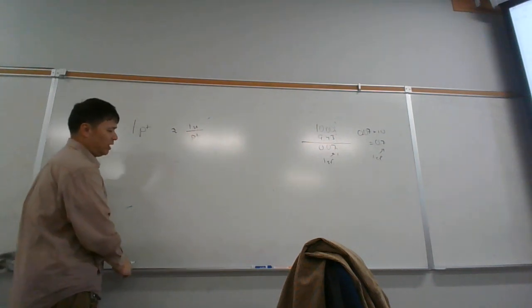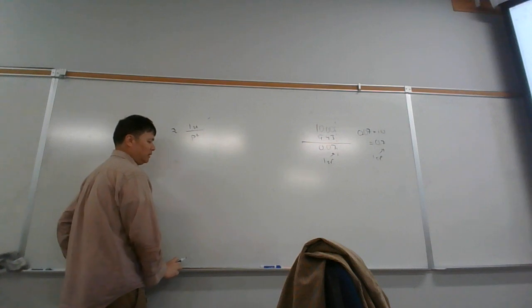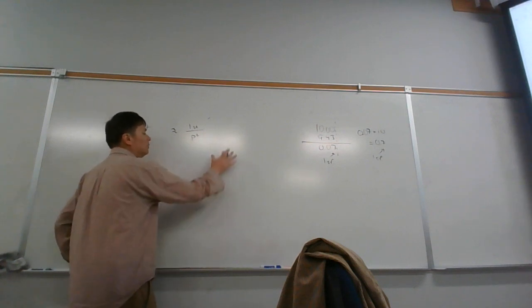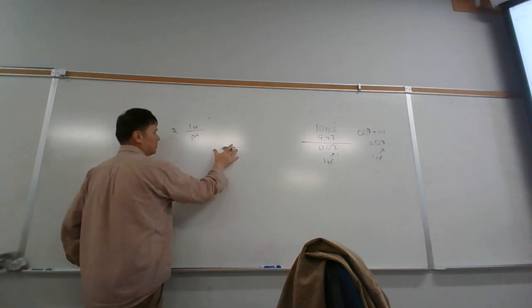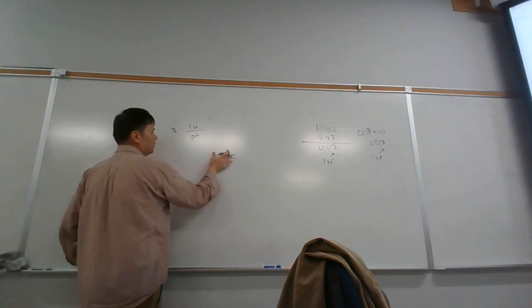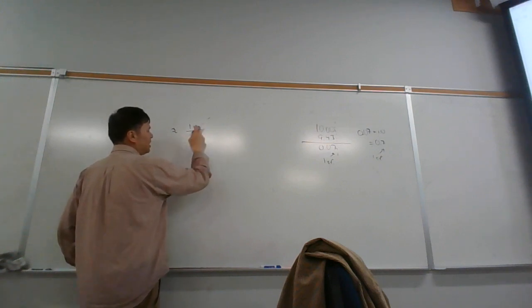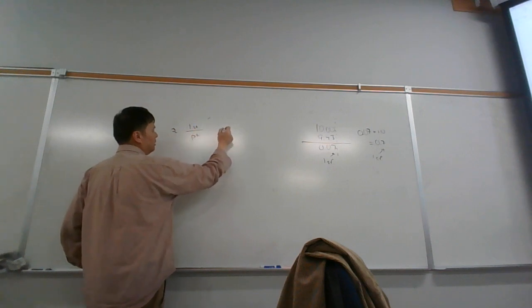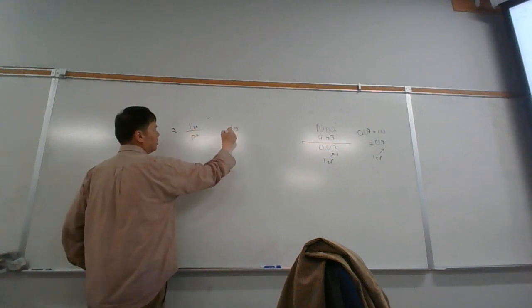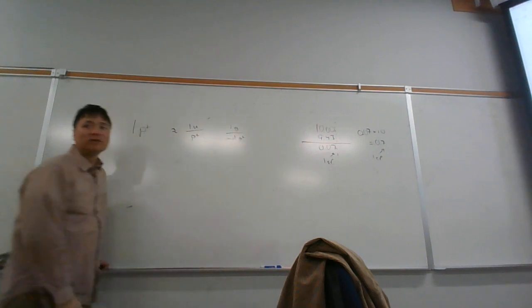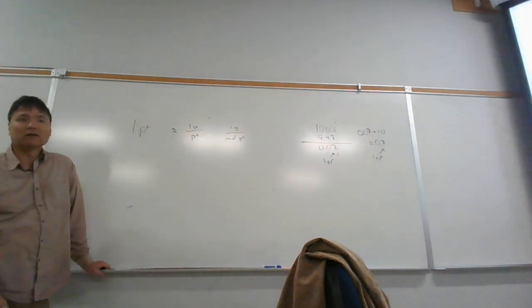Because of the way Avogadro's number, the mole, and the U are defined, it's numerically the same. 1 U per proton is numerically going to be 1 gram per mole of protons because of the way we define it.